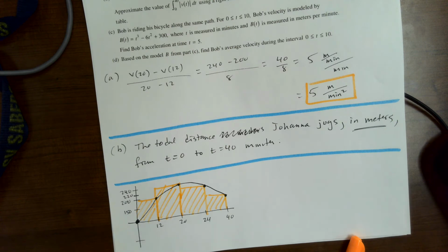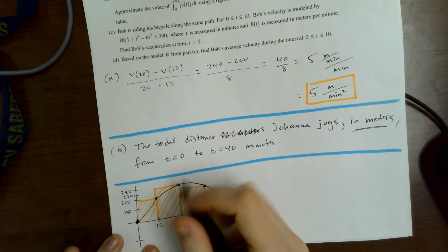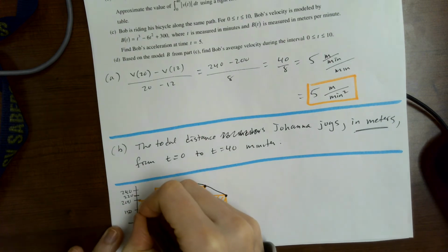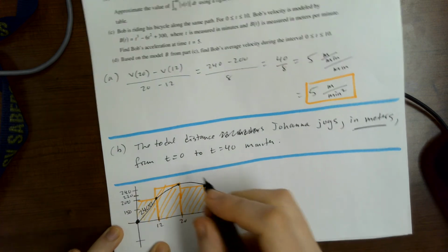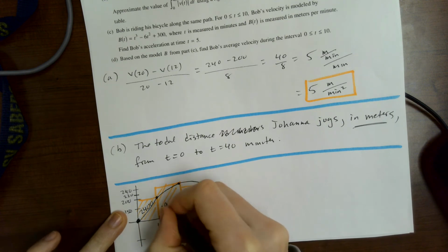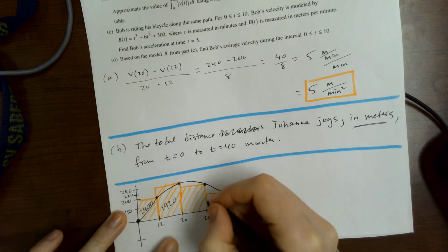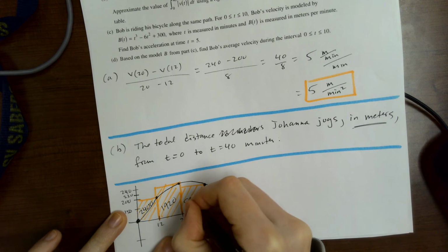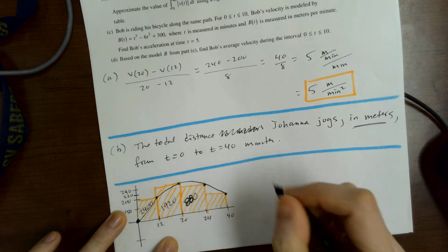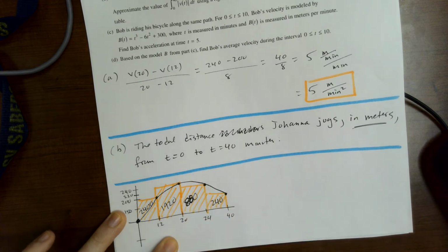You do base times height, and you're not supposed to use your calculator for this on the AP test. So it'd be a good idea, guys, on the non-calculator problems to not use your calculator. It's 880, even for arithmetic. And then 240.